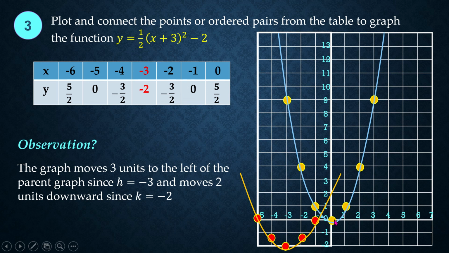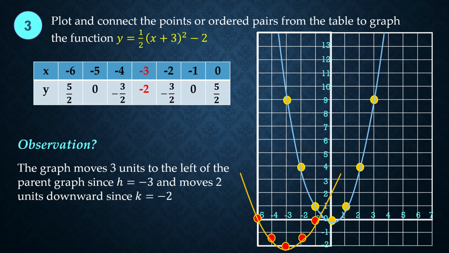So from 0, 0 it moves 3 units to the left: negative 1, negative 2, negative 3. Then, it moves 2 units downward since k is negative 2: 1, 2. So the original vertex moves from 0, 0 to the vertex negative 3, negative 2.